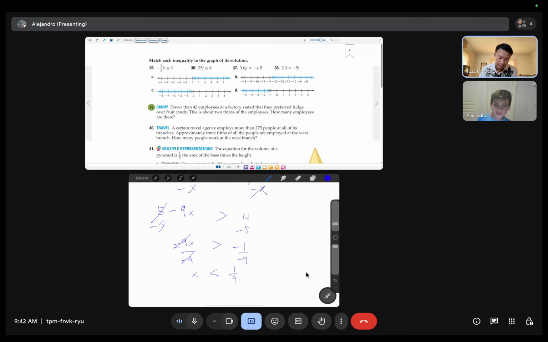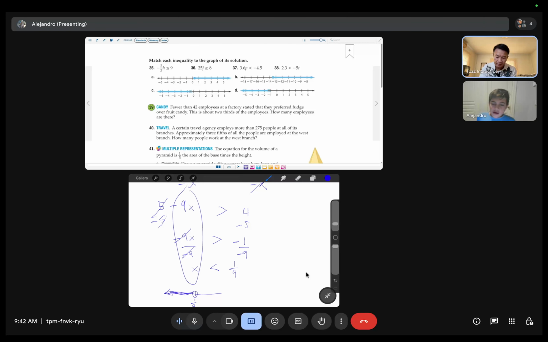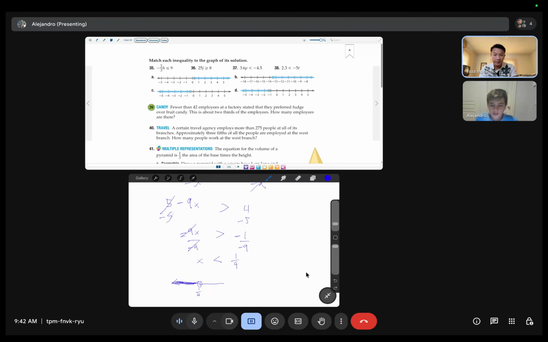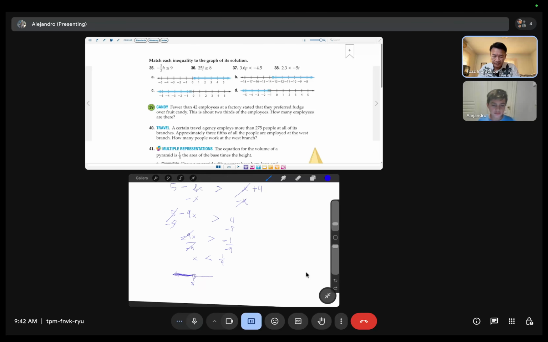So it's 1/9. There it is. This is the final answer, and then you can graph it perfectly. Like 1/9 here, open dot, and shade in the same direction, since the variable is on the left side already. So there you go. It is coming up for sure. It's very common, so I wanted you to see that.